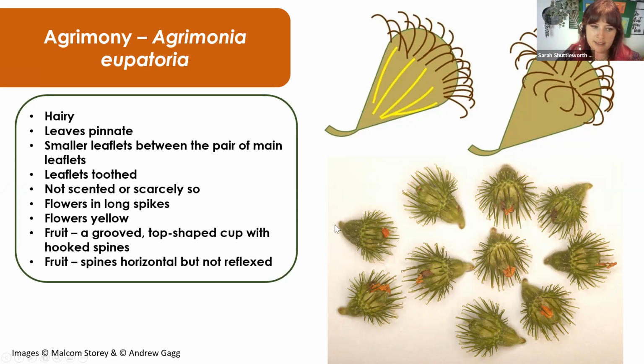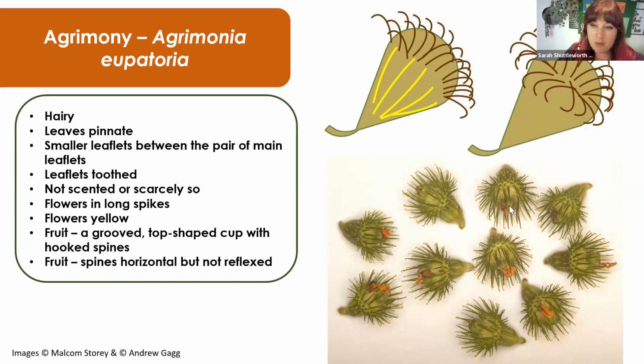But the important thing is that the hooked spines are horizontal or come outwards around the side, but they're not reflexed back onto themselves towards the bottom part. Whereas fragrant Agrimony, firstly, doesn't have the grooves on the seeded cup shape, and the hooked hairs or spines will be reflexing back onto itself.